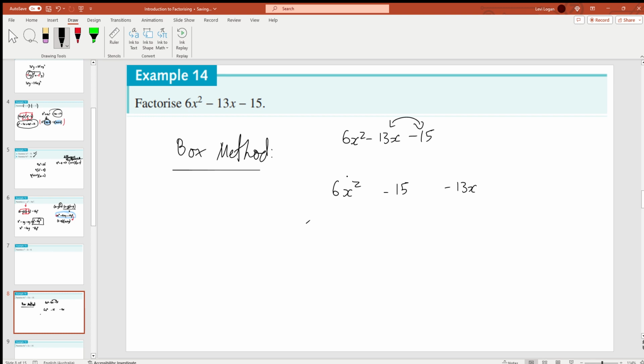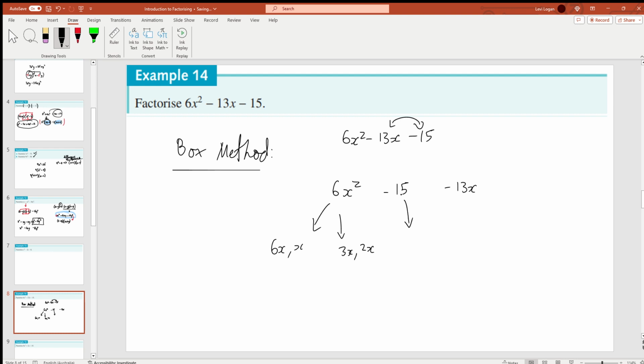Then you're going to break this into its factors. So when we think about it like this, 6x squared can be written as one of two things. 6x times x or 3x times 2x. Okay?